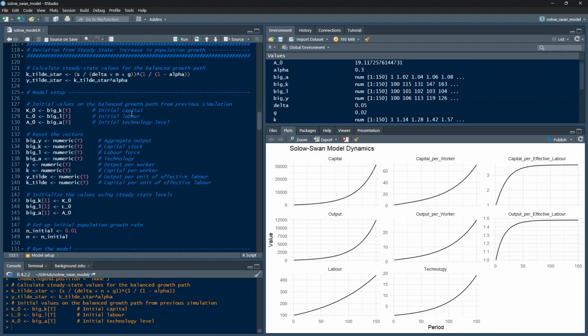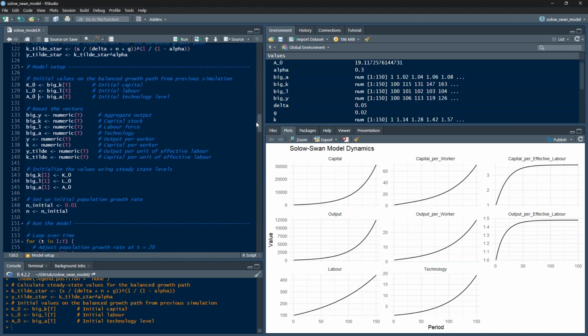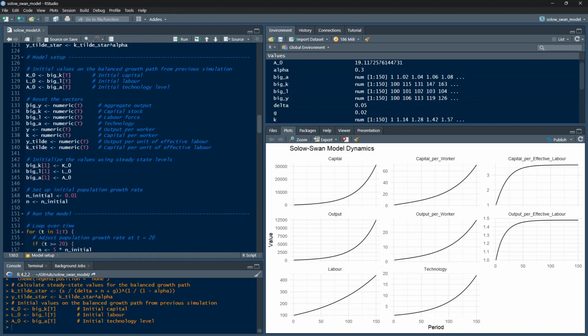I'll define each of those. This takes the last element of the vectors for capital, labor, and technology, and makes them the first elements in the new vectors that we're going to define.